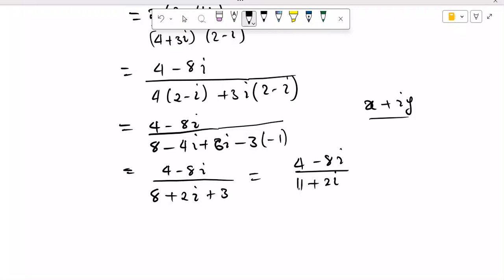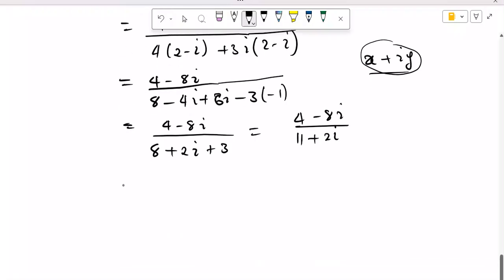So when you reach here now, if they didn't say express your answer in this form, this would have been your answer. But since they said your answer has to be in this form, meaning they don't want i at the denominator. Okay, so now you say 4 minus 8i over, so you just change the sign of the complex part.